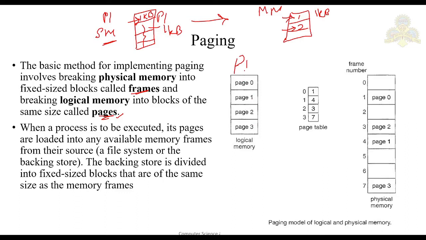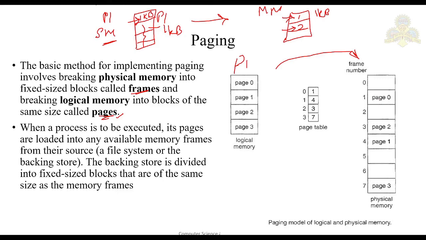To execute it, our CPU has to execute the instructions present in P1, so this process P1 has to be in the main memory. Your process has pages, your main memory has frames. Each page of your process has to be kept in the main memory so that its execution can be done by the CPU.